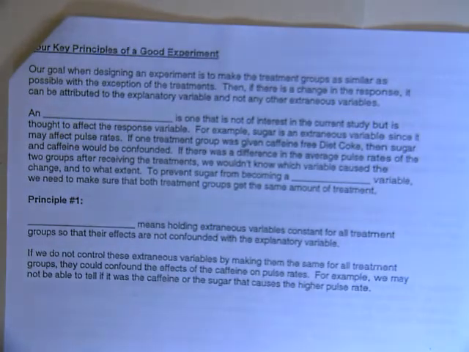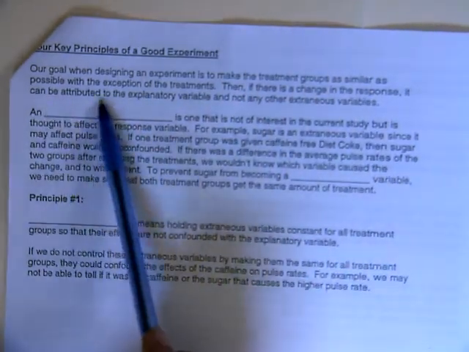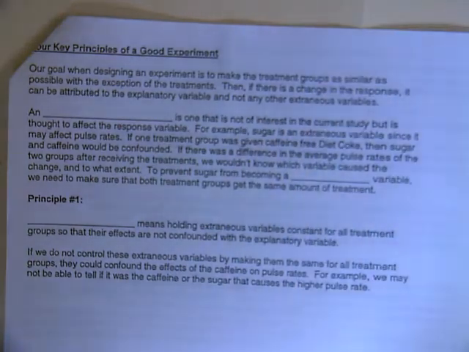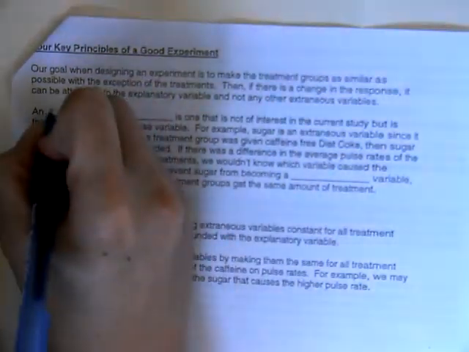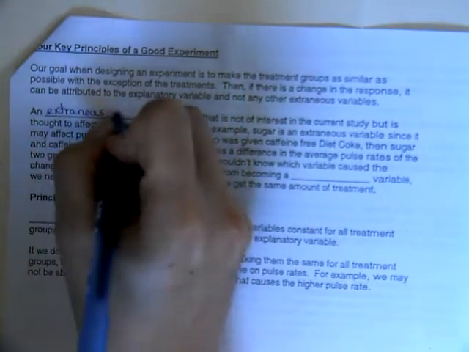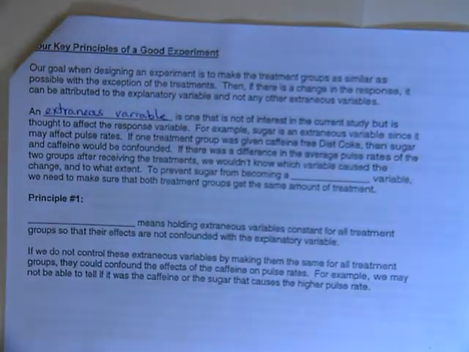So our goal when designing an experiment is to make treatment groups as similar as possible with the exception of the treatments. Then if there's a change in the response, it can be attributed to the explanatory variable and not any other extraneous variables. So an extraneous variable is one that is not of interest in the current study but is thought to affect the response variable.